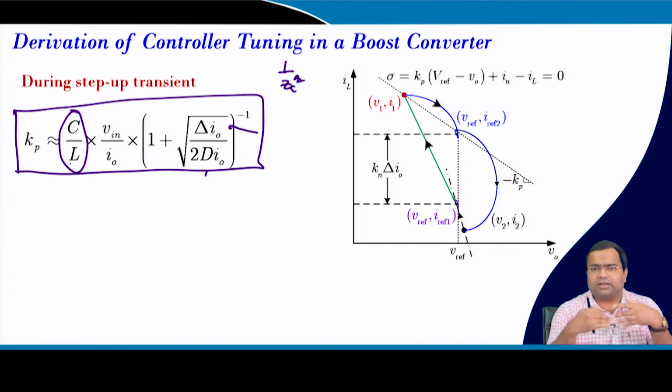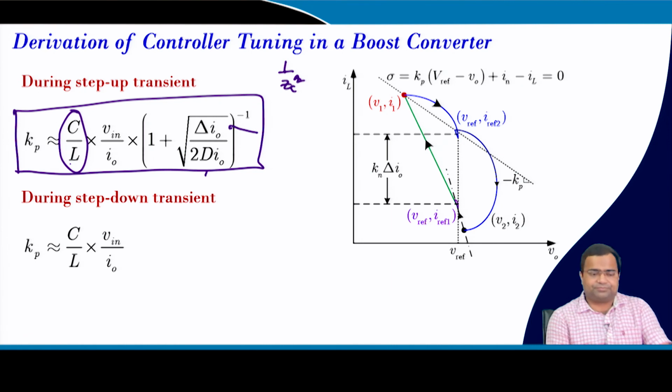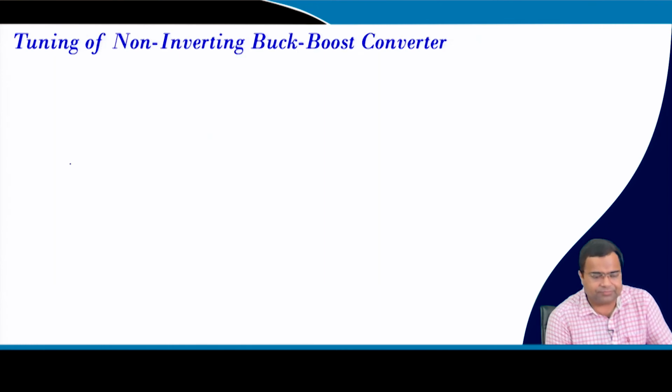If you go for an LED driver, then the load current can be obtained because in LED driving we have to go for PWM dimming, where we know the actual nominal current, and when we turn on and off, that signal is also generated from our controller. So, by taking the status of the signal, we will know the load step size, because we know the nominal current. It is possible. And for a step down transient, it is simply C by L, V by I0.